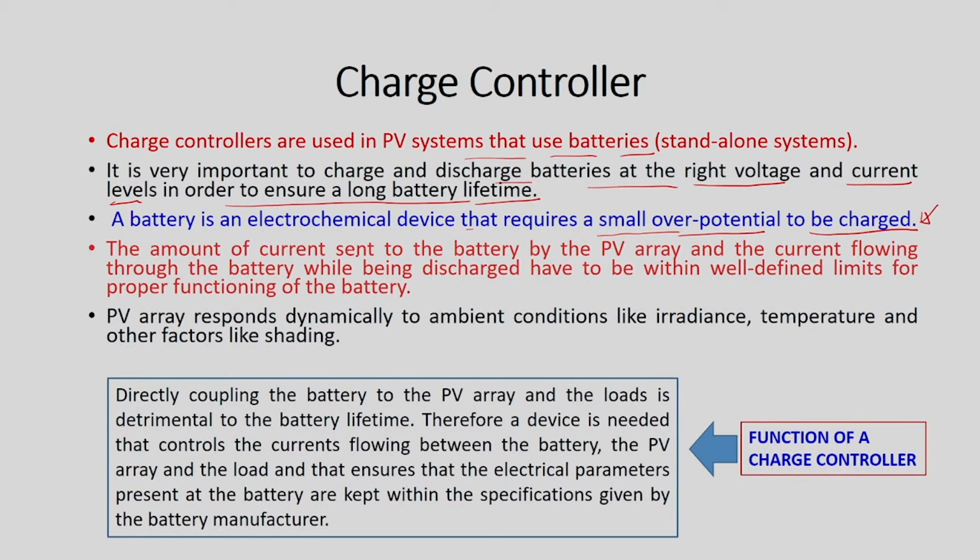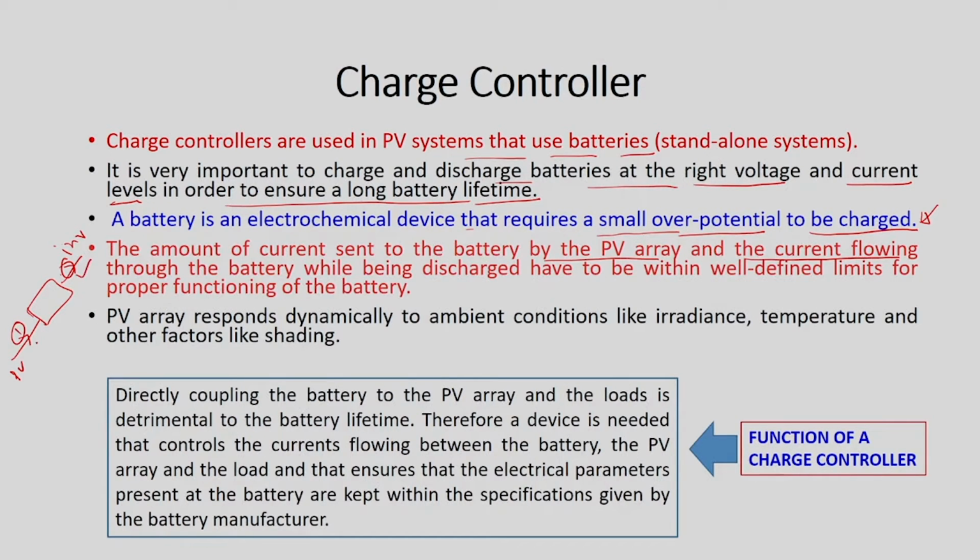The amount of current sent to the battery by the PV array and the current flowing out of the battery, which may go to an inverter, I am talking about this current and this current.